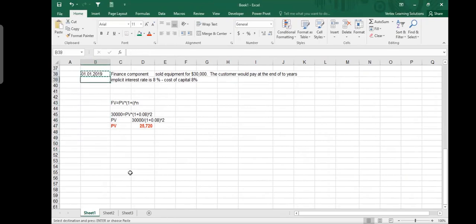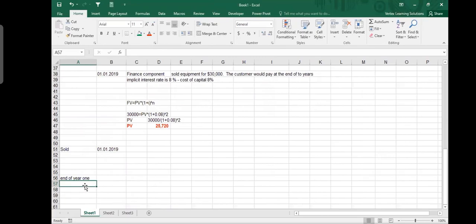So one entry, this is the day when I sold. When I say end of year one, in end of year one, I need to record my finance cost, my finance income or my interest income.